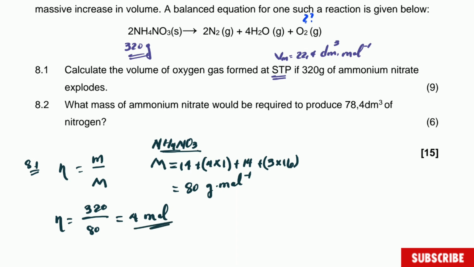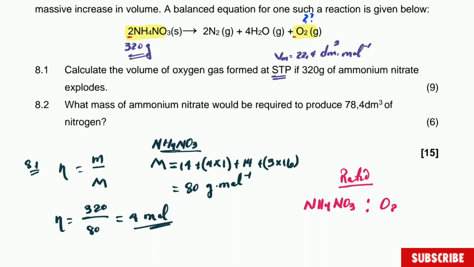Okay, now what are we going to do next? We're going to find the ratio between ammonium nitrate and oxygen. And remember, the ratios are the numbers at the front. I like to say ratio of ammonium nitrate to oxygen.